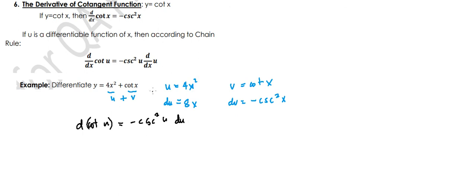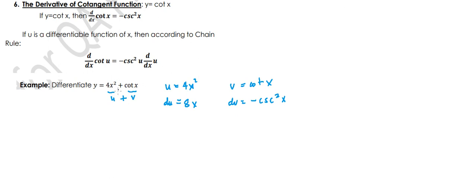So, what is this? Sum rule. Okay, if this is a sum rule, it means our formula should be for the sum rule. What is the sum rule? It means we are going to derive each term.